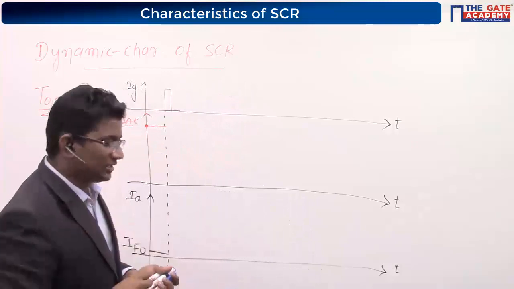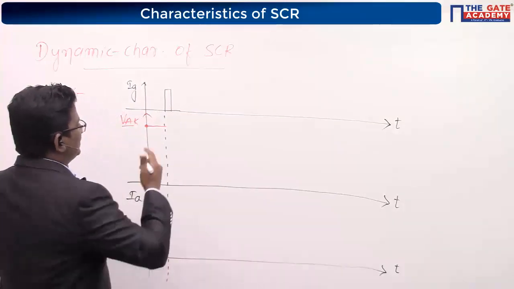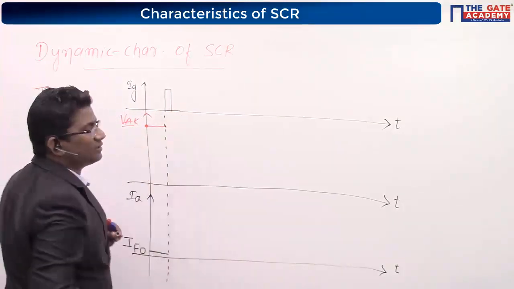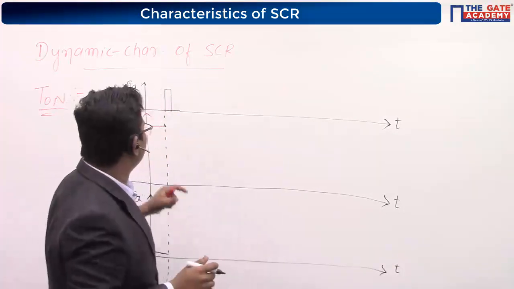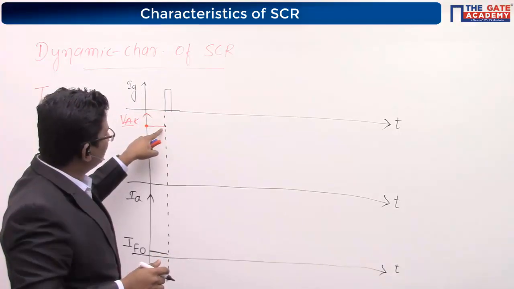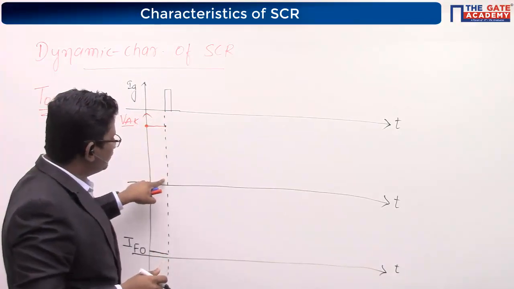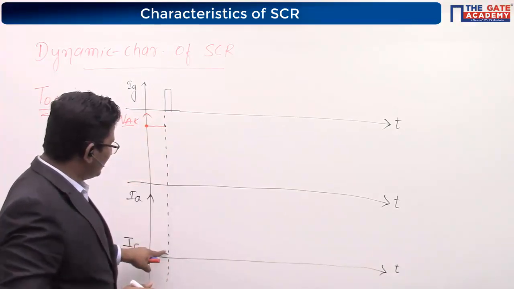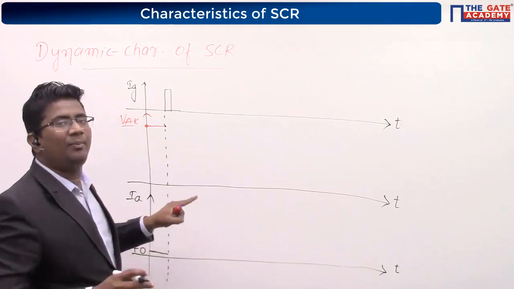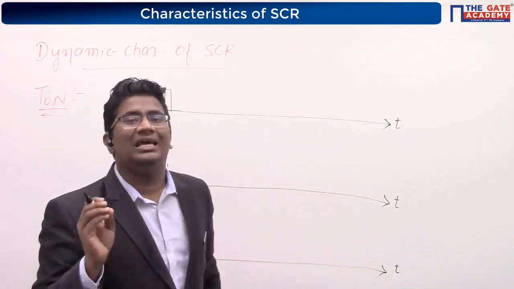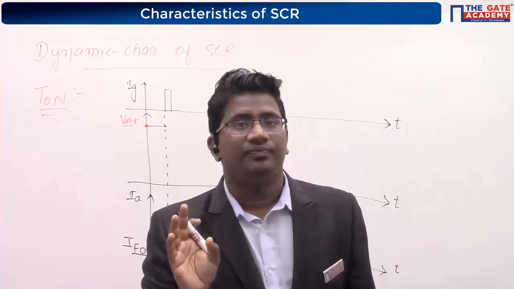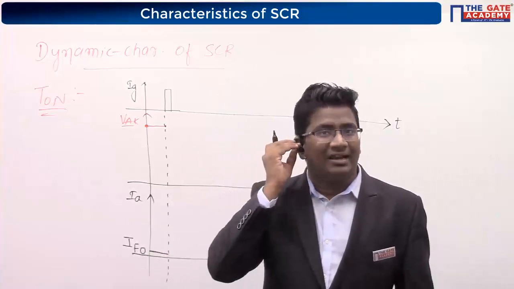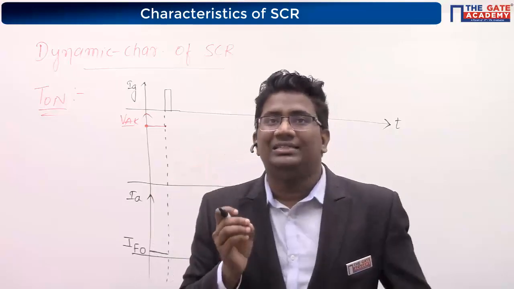Now, let us see. Once I trigger at this instant, your expectation is that it should come to the forward bias voltage drop and immediately reach its maximum current. But is the SCR a majority carrier device or a minority carrier device as it acts as a switch?